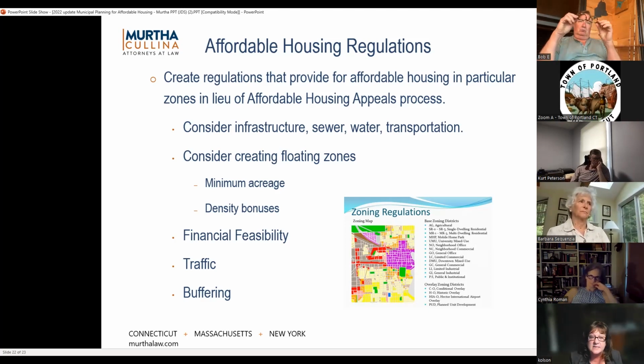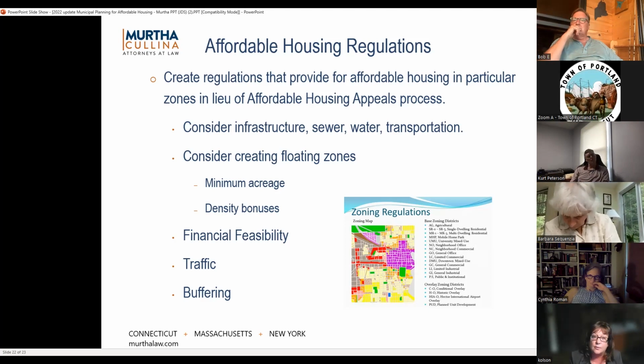And I have found that this has worked really well. So just consider, when you're looking at your plan, putting in there that you're going to create an affordable housing zone, potentially. One that doesn't necessarily have to comply with 830G, but nonetheless creates affordable units. Next slide, please.